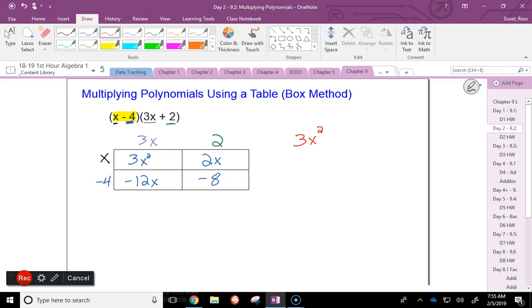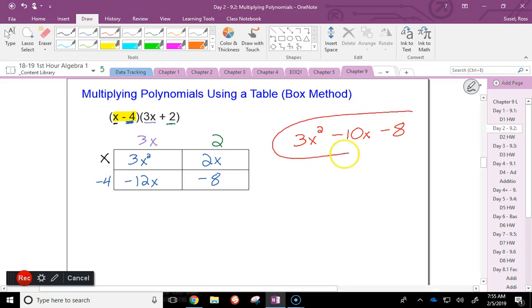If I find the value between the two, I would get negative 10x. So I could just write negative 10x and call that good. If you wanted to write negative 12x plus 2x, and then you'll simplify it later, that's totally fine too. And we have a minus 8. I double check myself, and that is your answer.